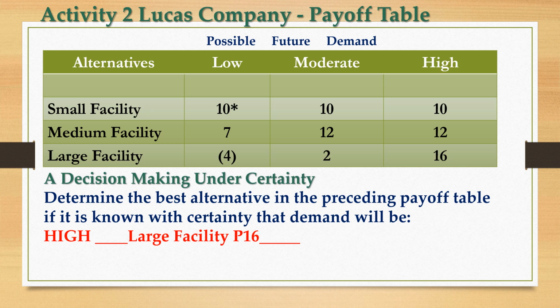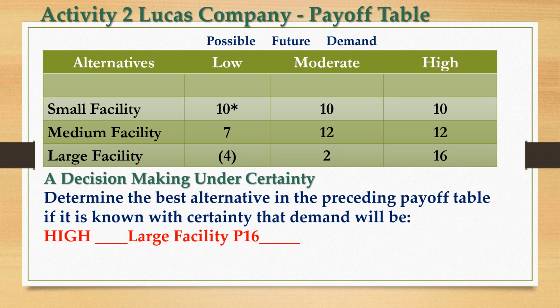Different alternative or different decision under each possible future demand, because those requirements are independent of one another. So for letter A, what is given is that we are certain that demand will become low, so we choose small size facility.